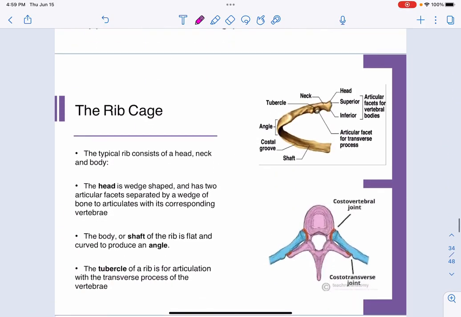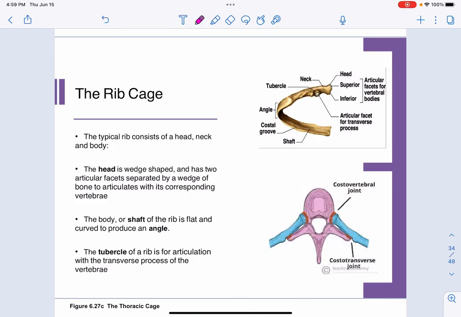All right, so let's look at how, and I mentioned this when we were talking about the thoracic vertebrae, I talked about how the ribs were articulating with the vertebrae and that there were 2 regions that the rib could articulate with the vertebrae. One of those articulation sites was close to the body and one of them was on the transverse process.